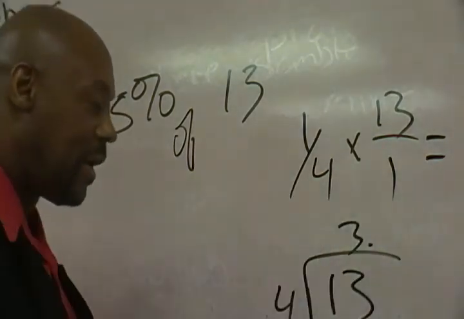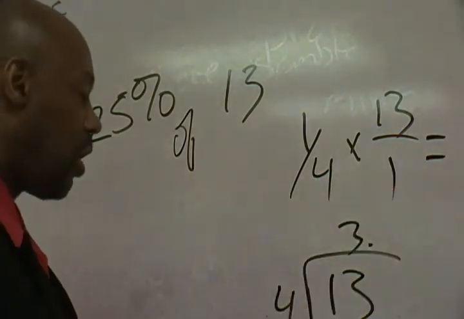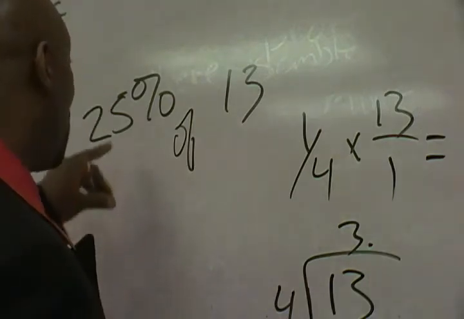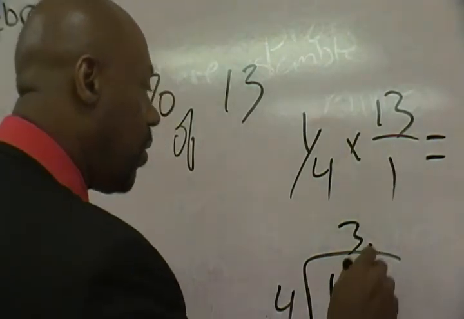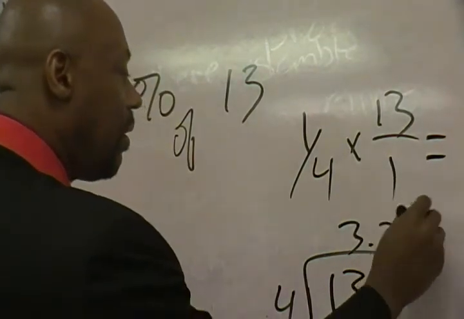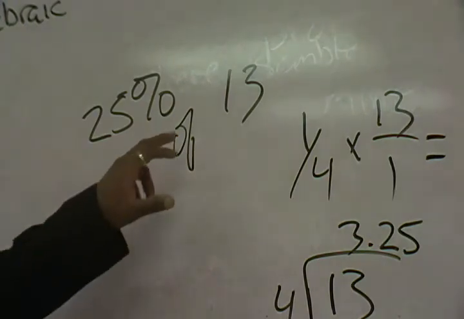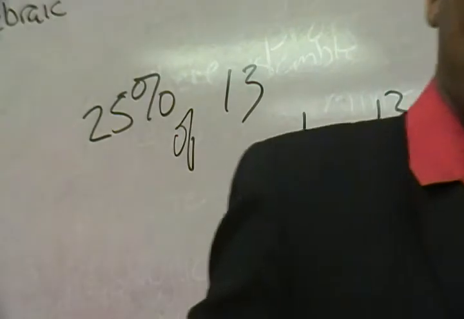How many times does 4 go into 10? We already know it's 25%, so that's going to be 2, 5. So 3 and 1/4 is 3.25, that's the answer. That's 25% of 13, all right?